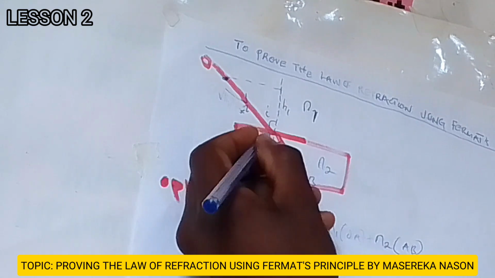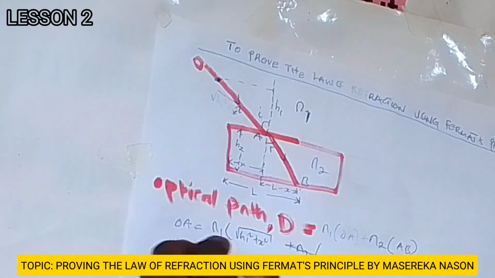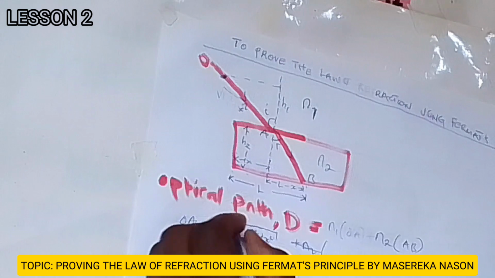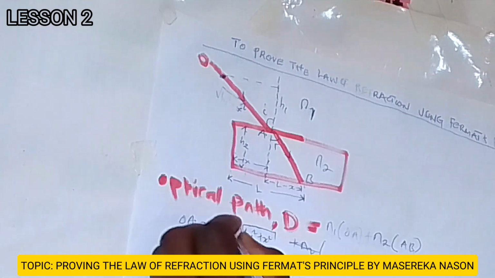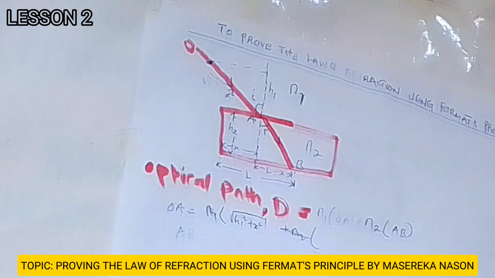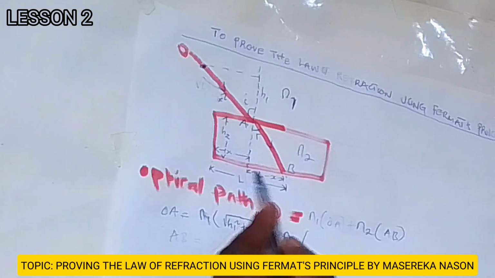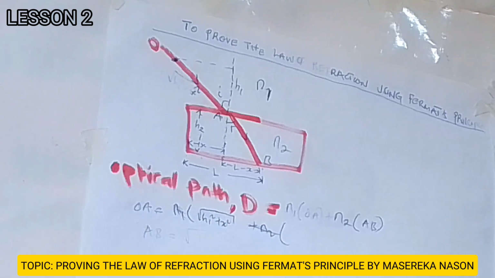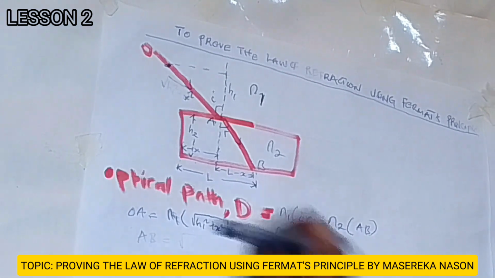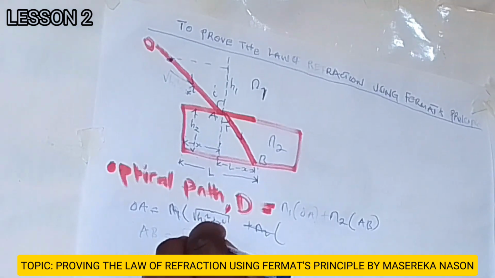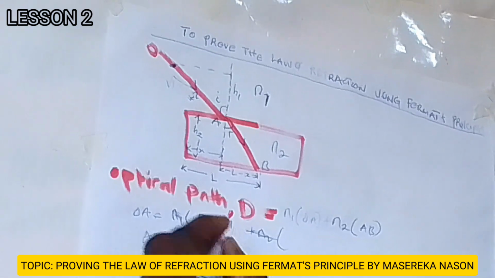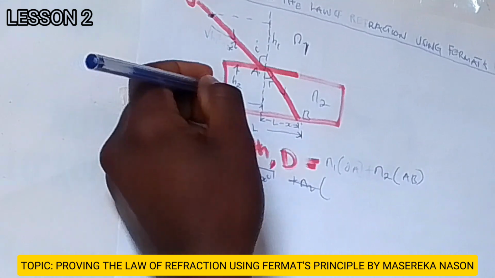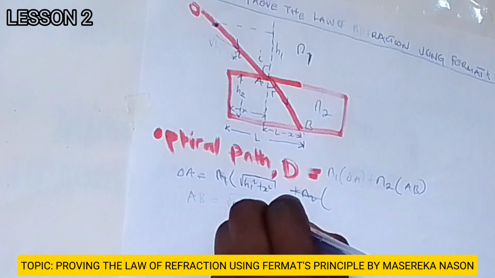Then from here to here, AB, will be given by, if you consider this right angle triangle, using Pythagoras theorem, the root of this distance L minus X squared plus this distance, which we said will be H2 squared.